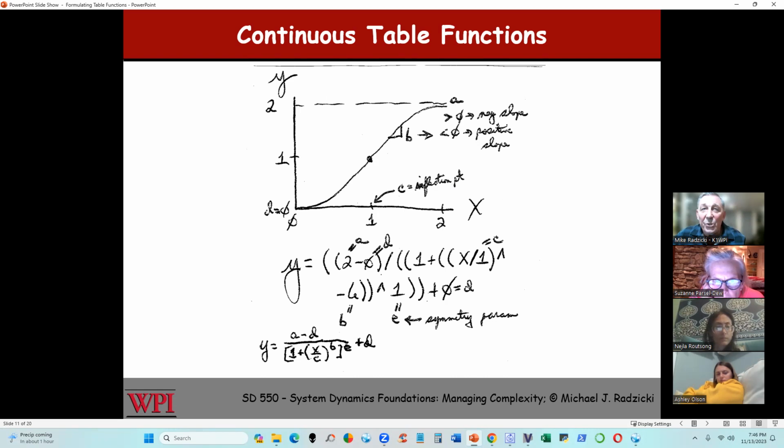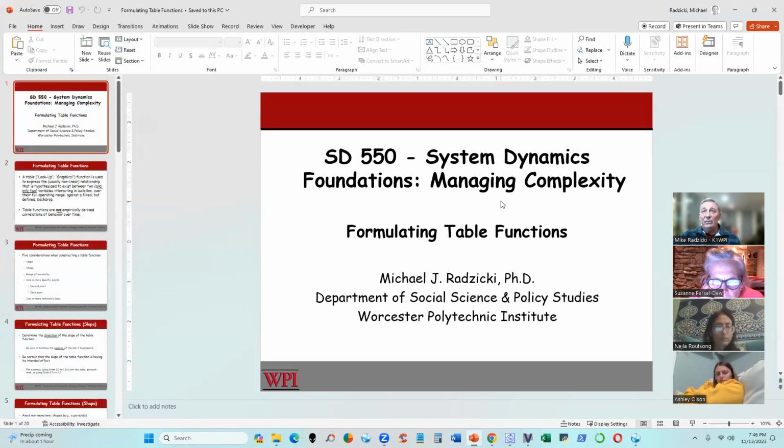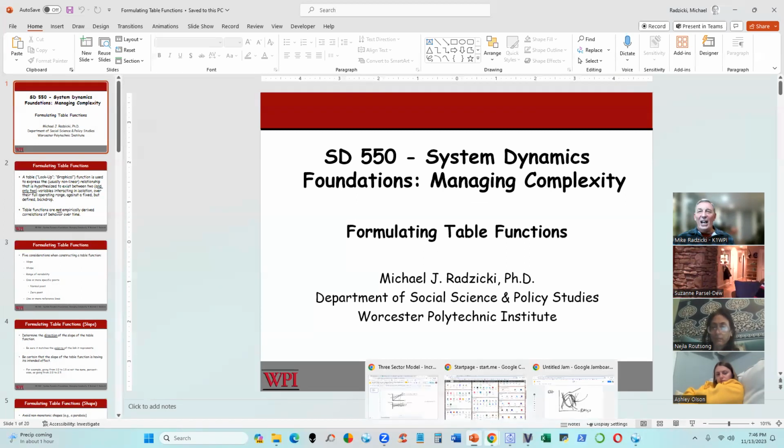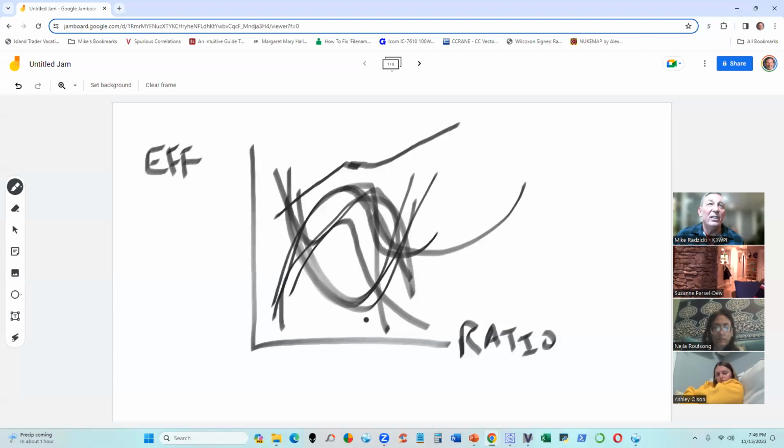All right. So how would you use data to create a table function? Well, what you don't want to do, although I've seen people do it, it just depends on who you are and what you're trying to pull off. A lot of this stuff is just rules of thumb.